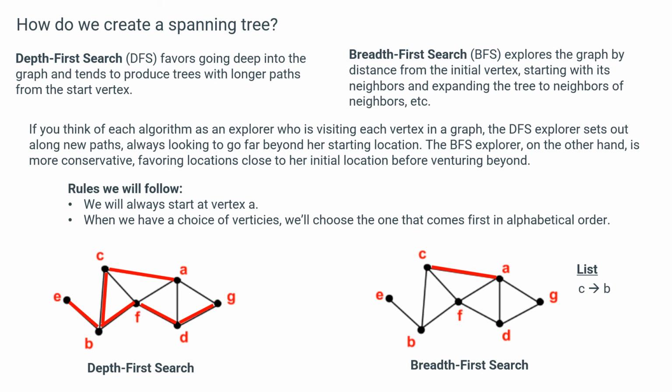Okay, now you might say, well, C also has a neighbor of F. Shouldn't I put C as a neighbor of F on my list? But F is also a neighbor of A, and remember, we're going to be visiting all of A's neighbors right now. So F is going to get visited right away. So I'm going to visit D next, because that comes next in the alphabet.